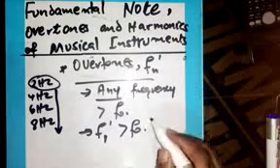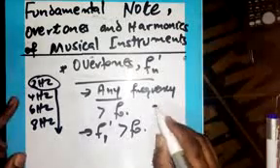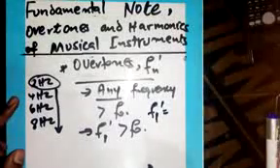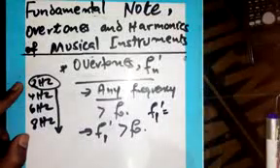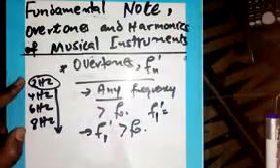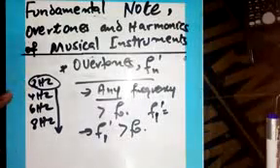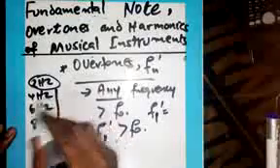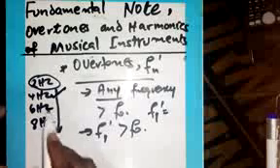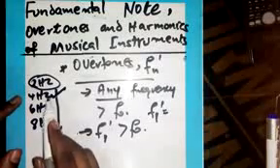We'll be asking, what is the first overtone? The first overtone is the lowest overtone, which is higher than the fundamental. Among these, what is the lowest frequency? It is 4 Hz. Therefore, this one will be termed the first overtone.